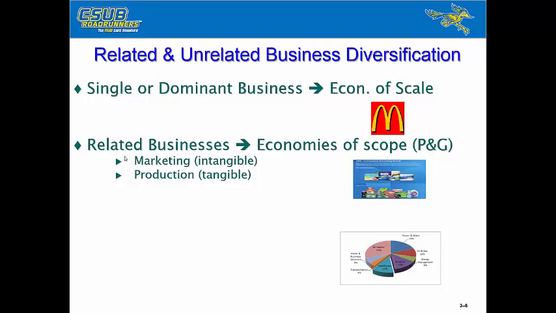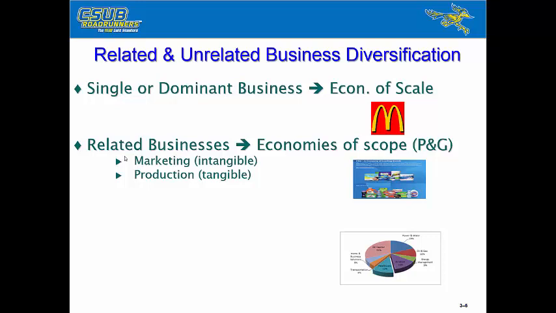If you purchase the supplies for making fast food in bulk, you get much better prices than if you purchase them individually. So there's an economy of scale in having lots of different McDonald's all over the place. But that's really the same line of business, just coupling many different individual fast food businesses into one large fast food business. So that's what's known as single or dominant business diversification.